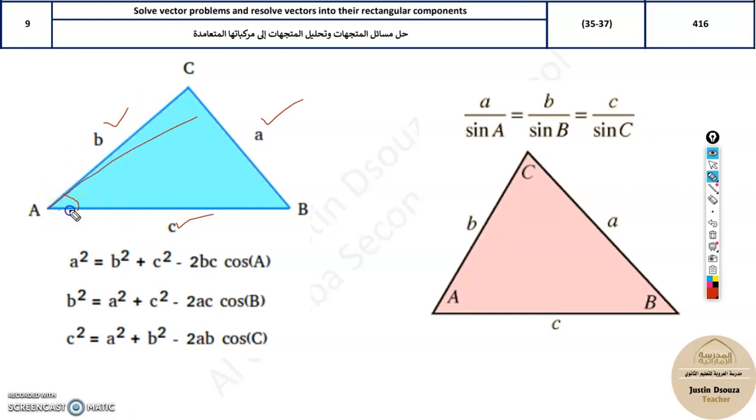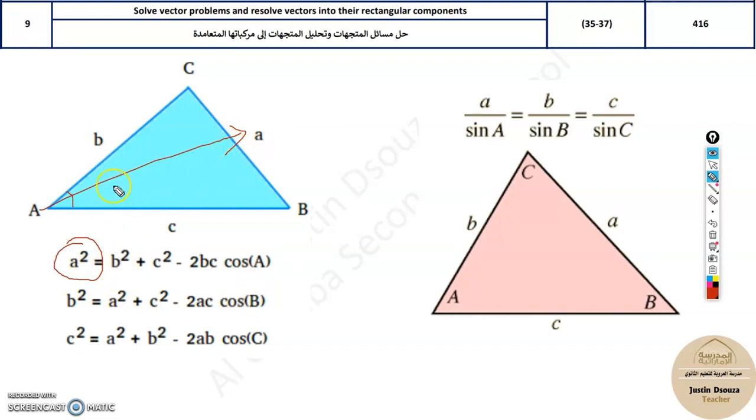Or if two sides and the included angle are known, then the opposite side can be found by law of cosines. I hope you remember this. If you consider this angle A, the opposite side would be a as well. The opposite side is very important. They are considered like a team, because imagine you're finding this side, a squared.